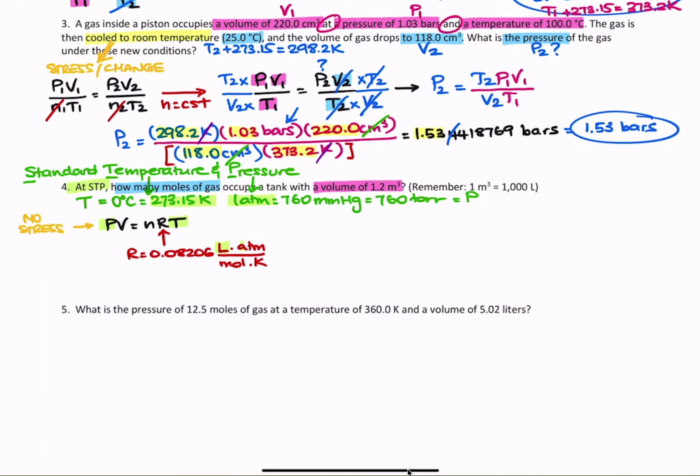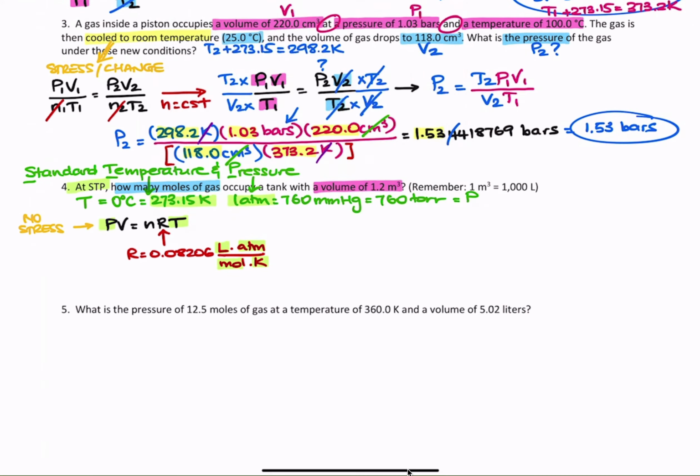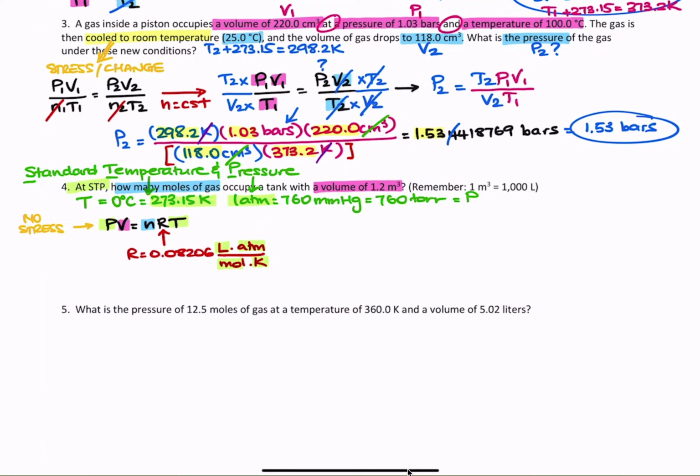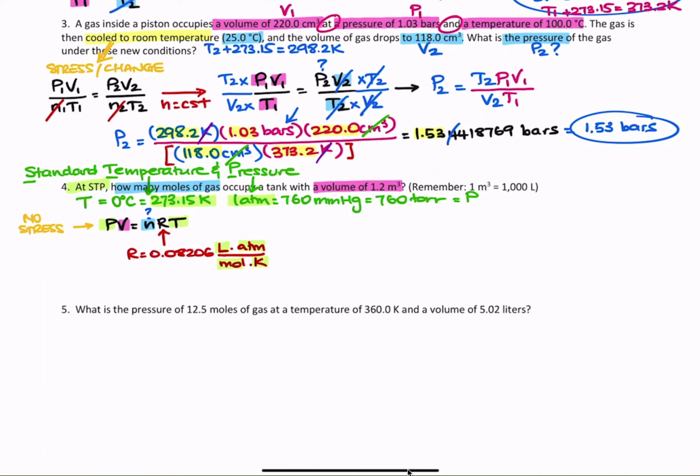Specific unit for the pressure, it has to be in atm. Specific unit for the temperature, it has to be in Kelvin, and your number of mole will end up being given in the mole unit. We're looking here for the number of mole, and we're given the volume. Therefore, we have to solve for n.